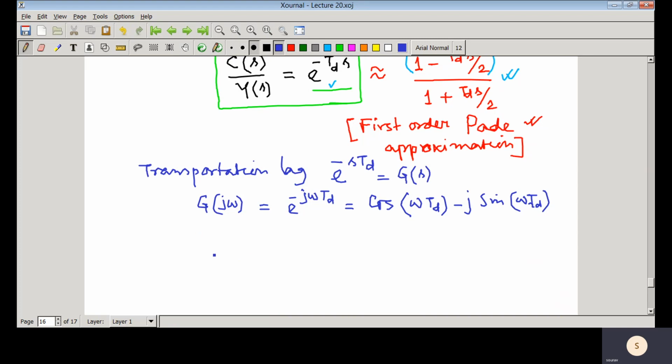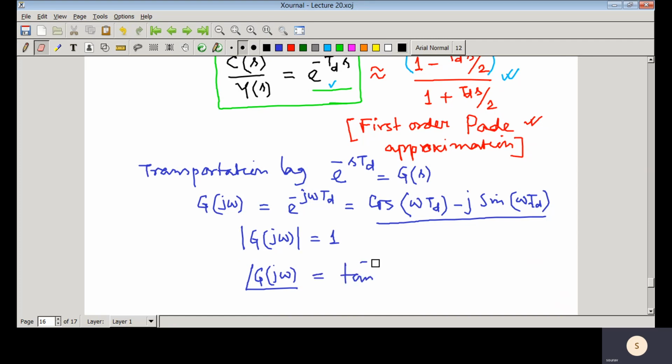Then what would be the magnitude? The magnitude of G(j omega) would always be equal to 1, because if you see that expression, the magnitude is always 1. Then what is the angle? The angle of G(j omega) is equal to tan inverse of minus sine omega Td by cos omega Td.